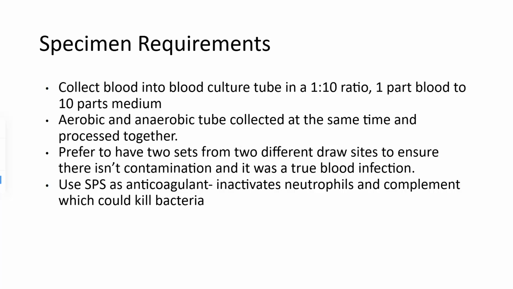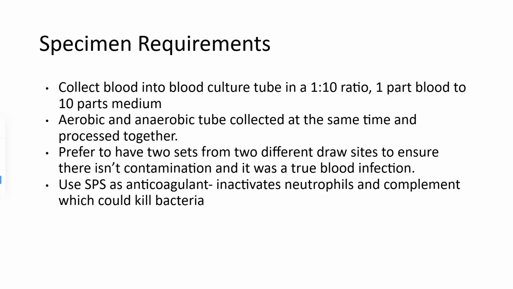In the lab, we prefer to have 2 sets from 2 different sites on the body. So let's say a phlebotomist draws blood into a blood culture tube and forgets to clean the surface with an alcohol swab. Now we have potential contamination going directly into the blood culture tube along with the blood. And we're collecting 2 bottles from the same site.